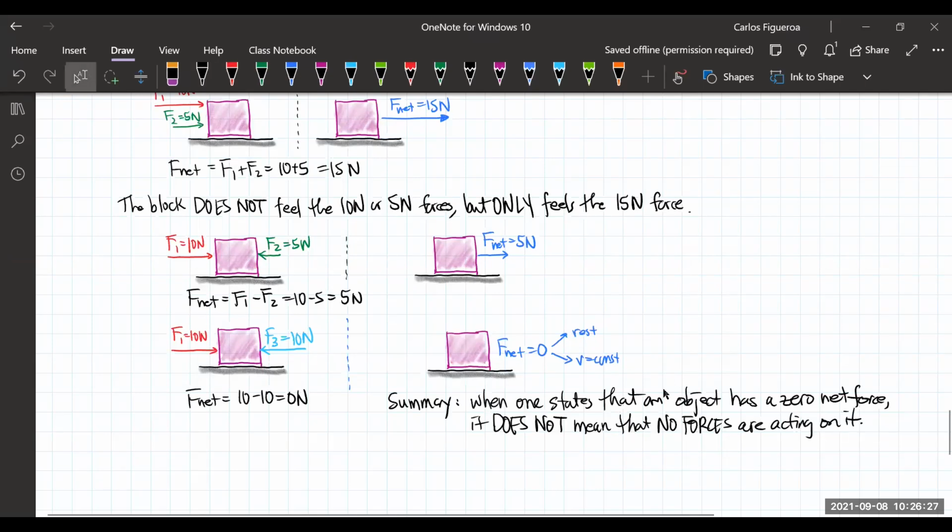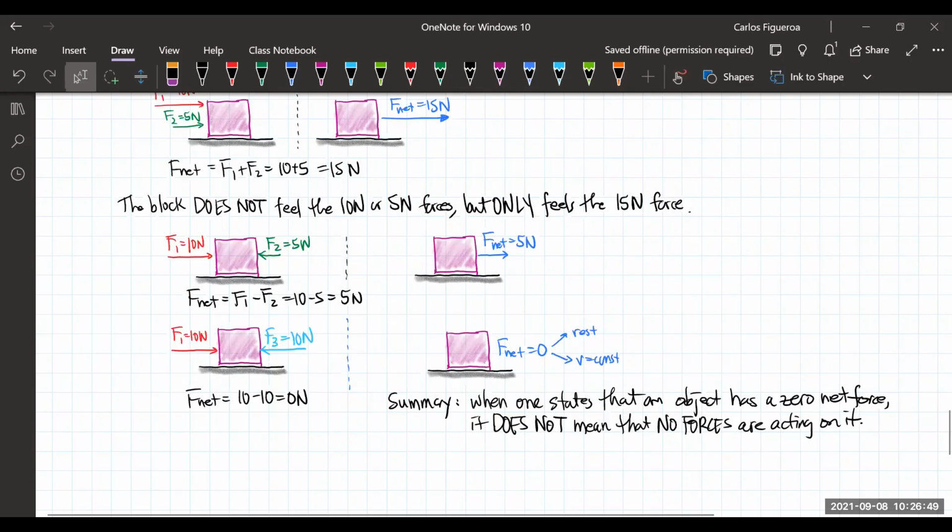There are forces. You can see that there are forces 1 and 3. So we see that there are forces, but the net force is 0. Therefore, that object does not feel any forces.